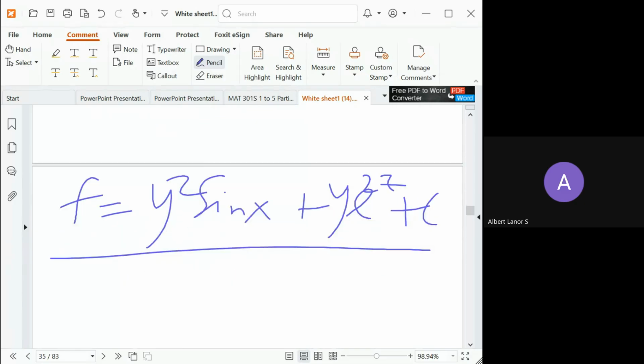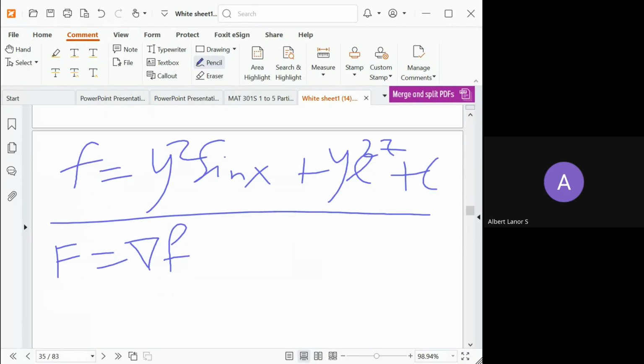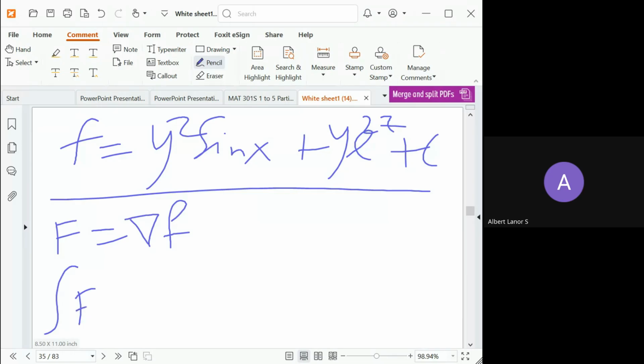Now, once we are able to get a certain F, that when you differentiate this function, we're going to get the original function. Then it tells us that the function is independent of path. Now, if it is independent of path and you want to find the integral of F dot dr, then you know that you're going to evaluate the value of the function at the end minus the beginning.